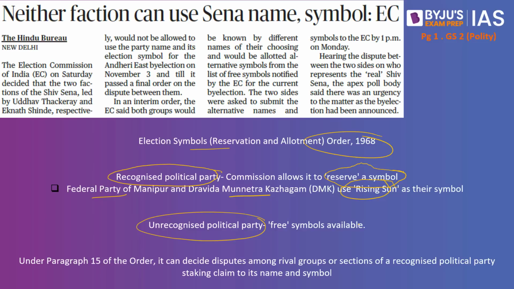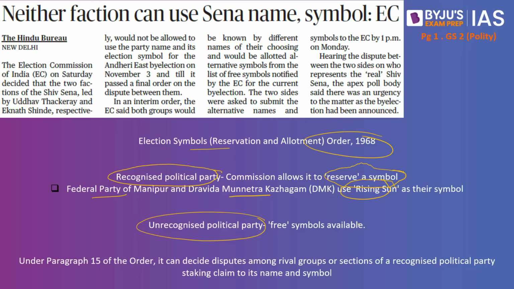What is this advantage? In the earlier scenario, immediately after independence, we had a high rate of illiteracy. People were not able to read or write. So how would people cast their vote? In this backdrop, what was required was a symbol.